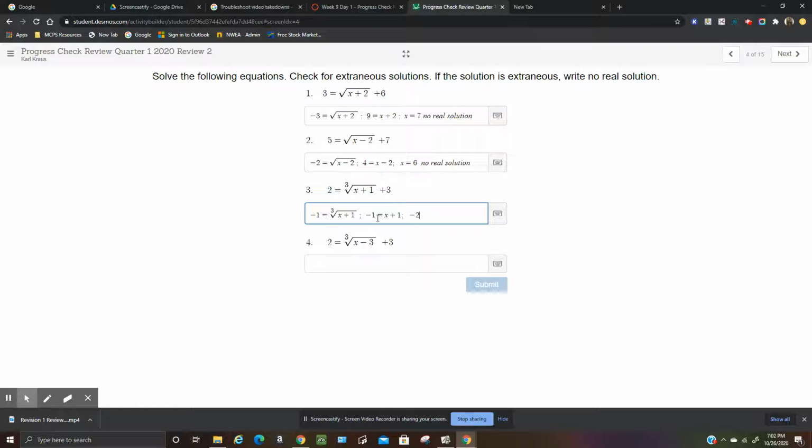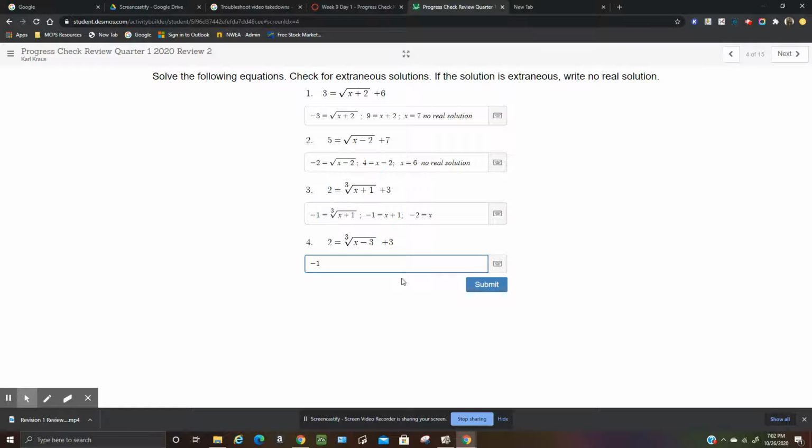Subtract 1, -2 is equal to x. And we'll plug it in. -2 plus 1, -1. Cubed is -1, plus 3 is 2. So that one works.